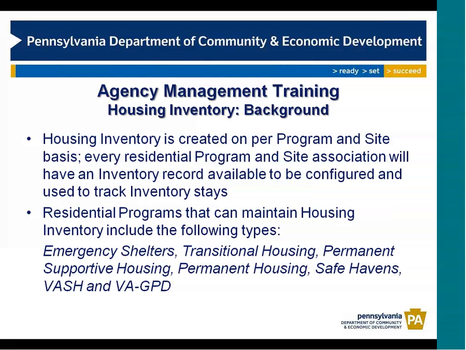Housing inventory is set up and defined on a per residential program and site basis. So it's kind of a per residential program, per site link. Now, while most programs in the system have a single site, for those residential programs that are administered at multiple sites, they will have multiple sets of inventory configured, and users will need to ensure that they put clients into the proper program site combination, kind of how I talked about before with scattered sites.